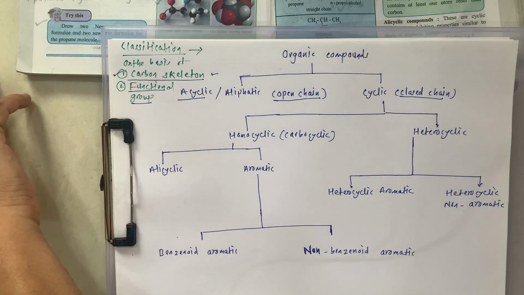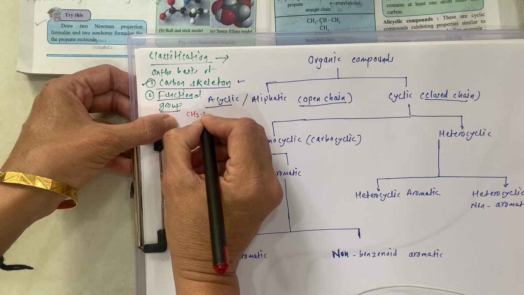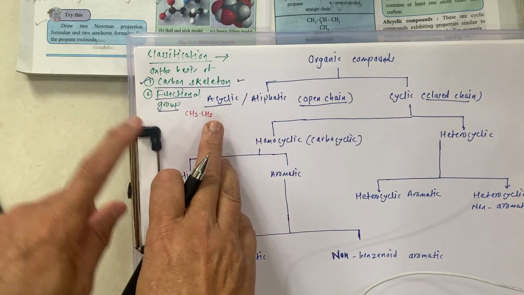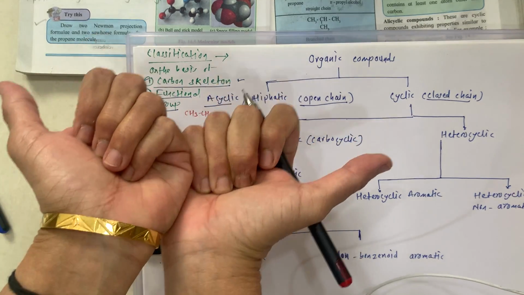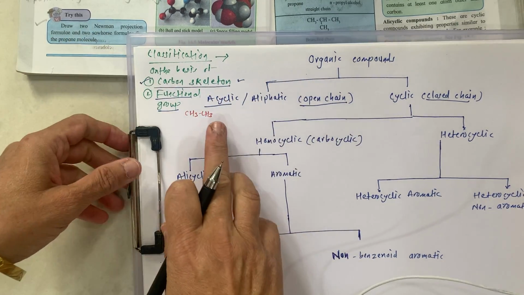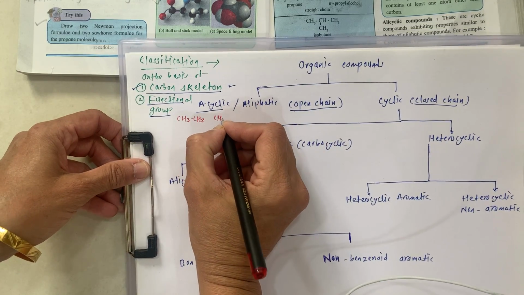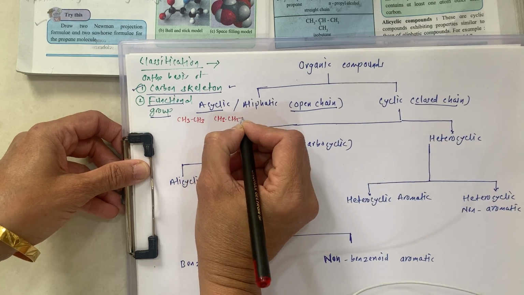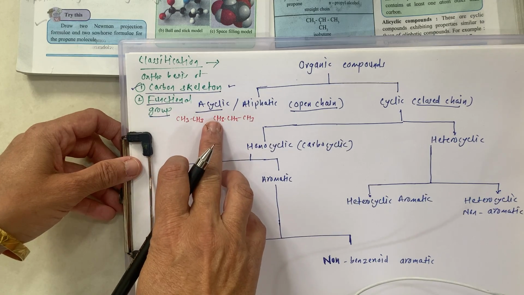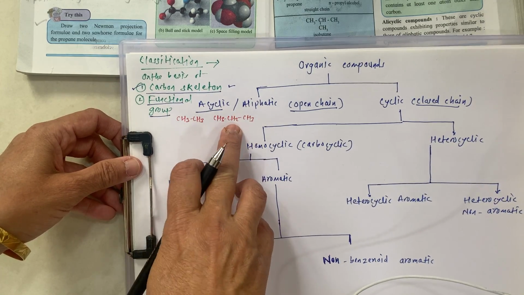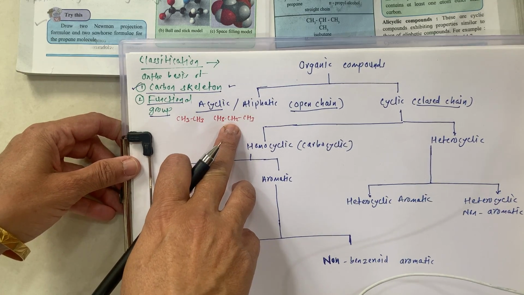Now for example, suppose this is our ethane. Both the ends are open. So this is an open chain compound. Now if it is propane, then the structure is like this: 3 carbons in one chain, with 3 hydrogens at the end, and to satisfy the valency of the middle carbon there are 2 hydrogens.